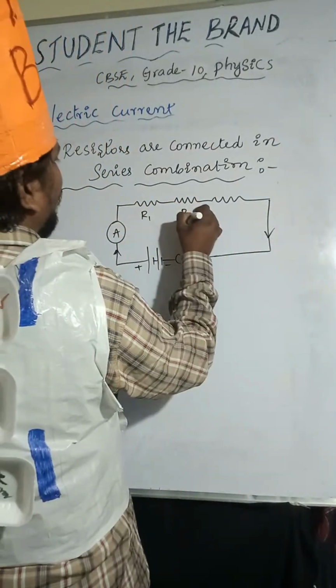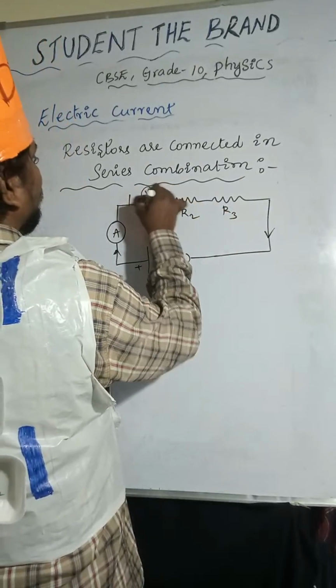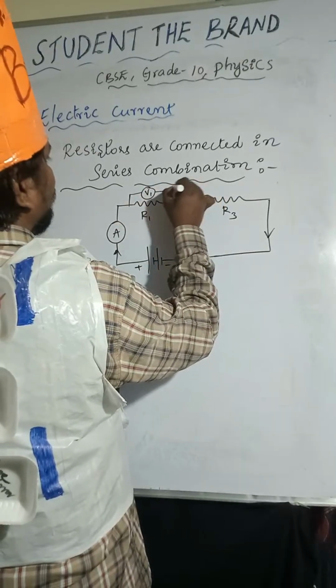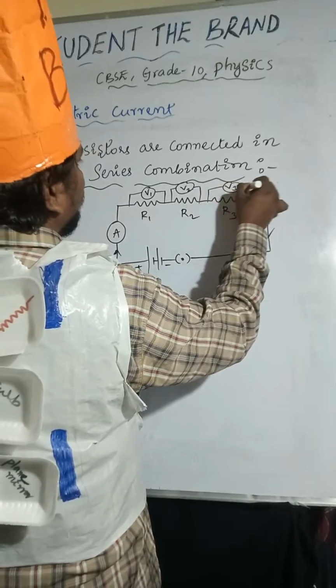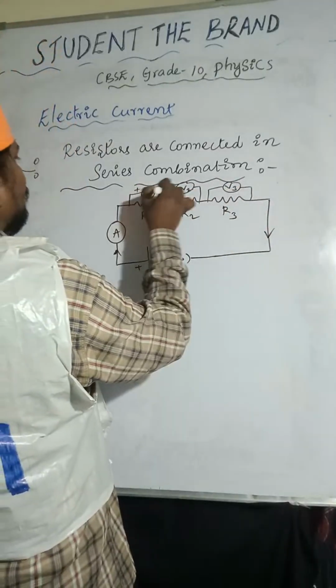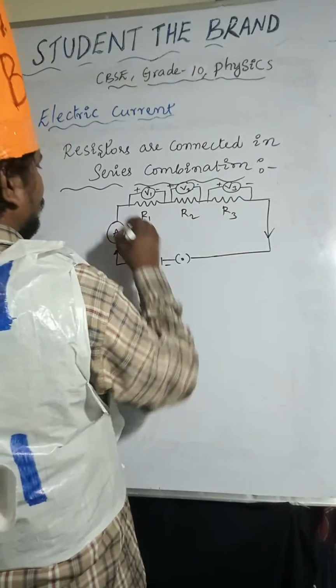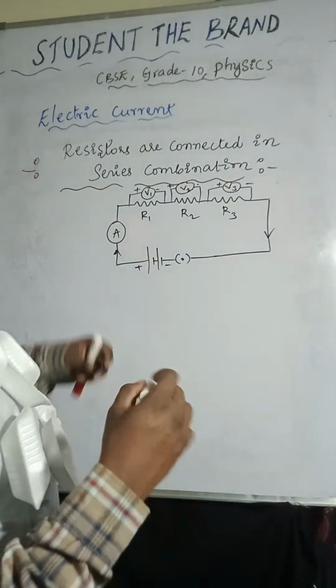R1, R2, R3, V1, V2, V3. Okay, so now you can observe here.